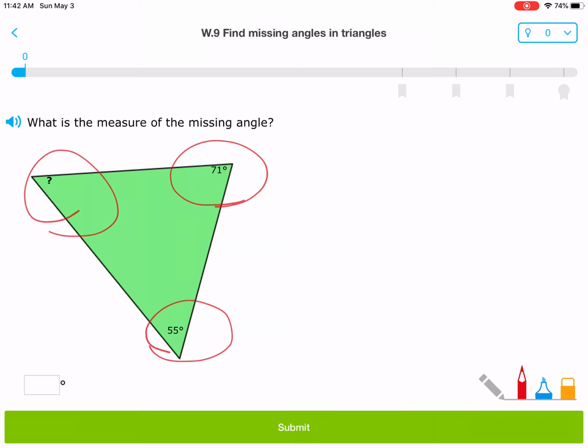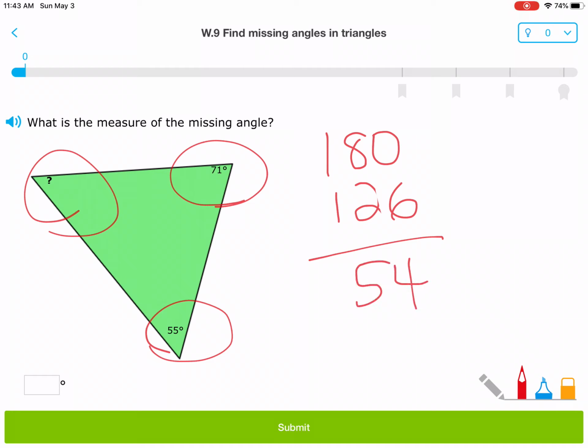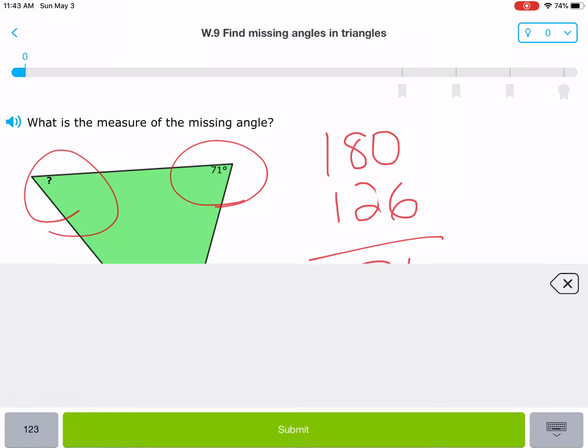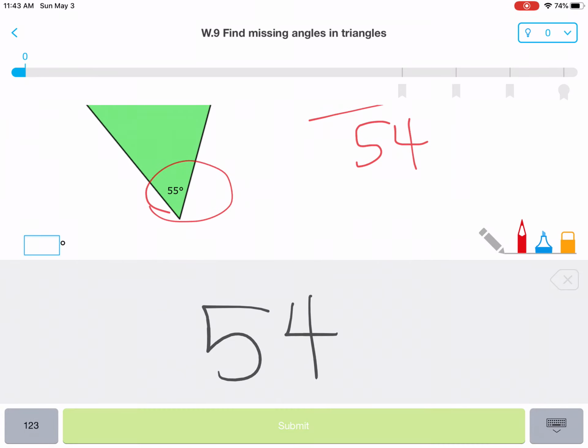So what's going to be the best way to solve for the missing angle? It's going to be to add 55 and 71, which is 126, not 128, 126, and we're going to subtract that from 180. Okay, and we get 54. So the missing angle is 54 degrees.